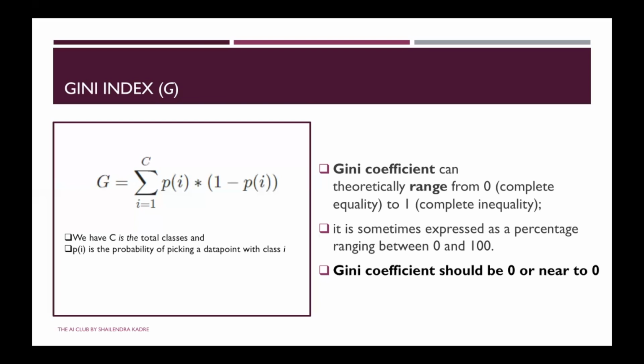We saw information gain equal to 1, and we want information gain as 1, but just opposite to that, the Gini coefficient has to be 0 for complete equality. It is sometimes expressed as a percentage between 0 and 100. The Gini coefficient should be 0 or near to 0. So it is opposite to information gain. We want information gain as 1, while for the Gini coefficient we would like to have 0 or at least near to 0.